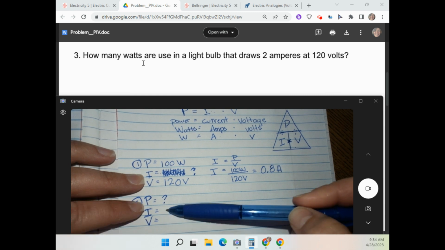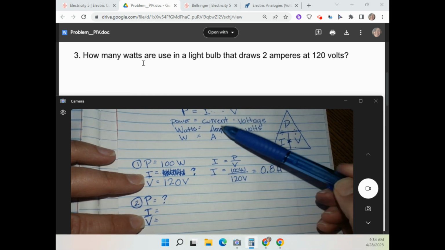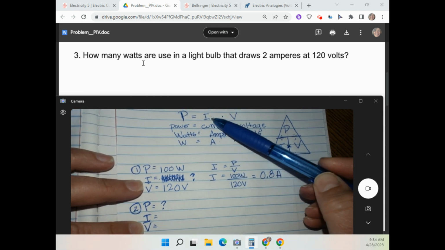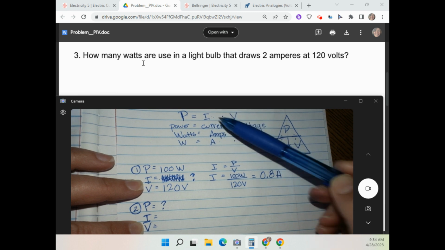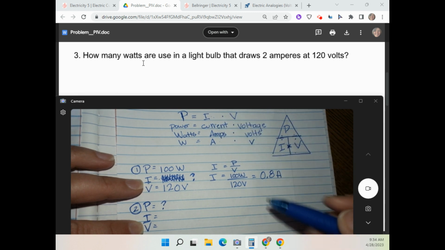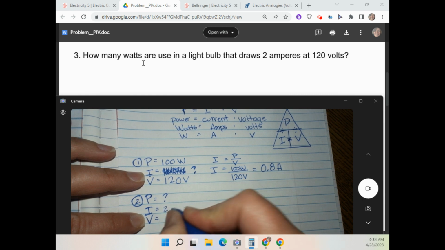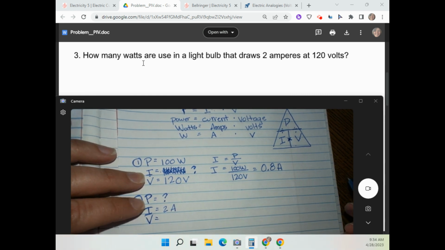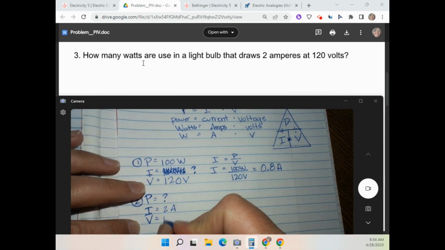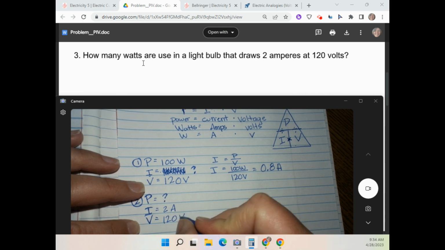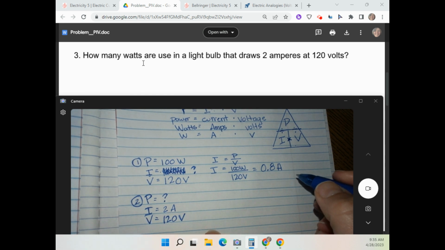Neither one of those is A, so I have to know that current is I and current is amps. Okay, so those go together. So I know that 2 amperes goes right there at current, at 120 volts. Why do you think they keep using 120 volts? It's a very common voltage in what we have.